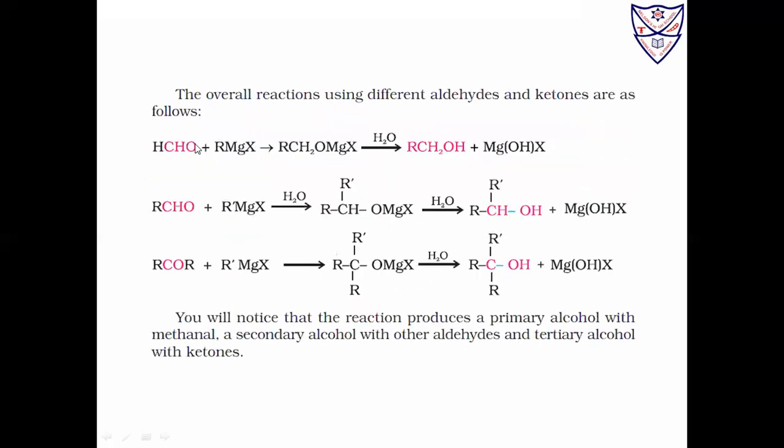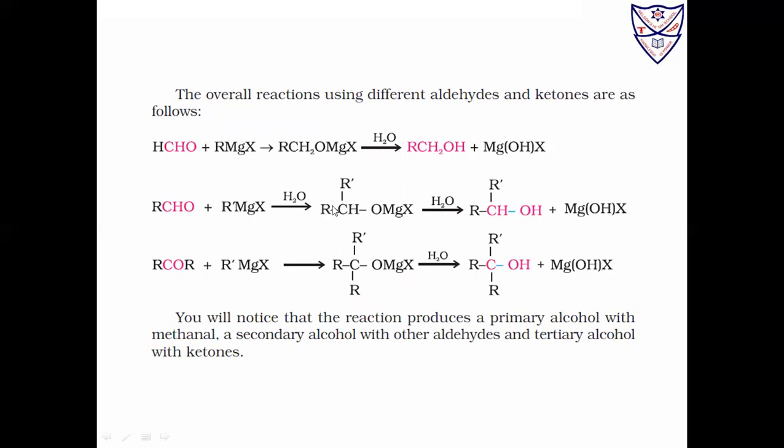See here, this is the aldehyde, formaldehyde. When it reacts with RMgX, it gives RCH2OMgX, and finally we get RCH2OH and MgOHX. Always remember MgOHX is separated out.